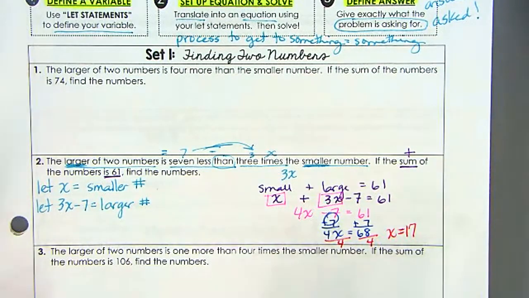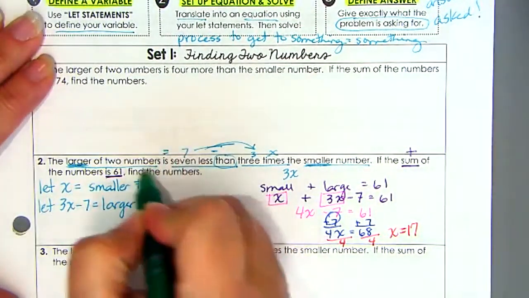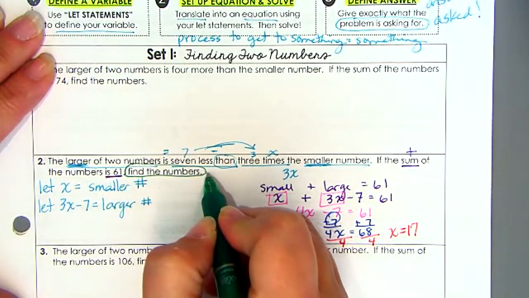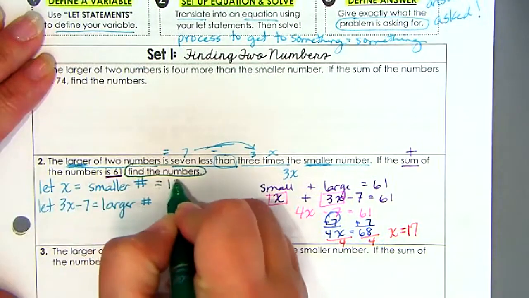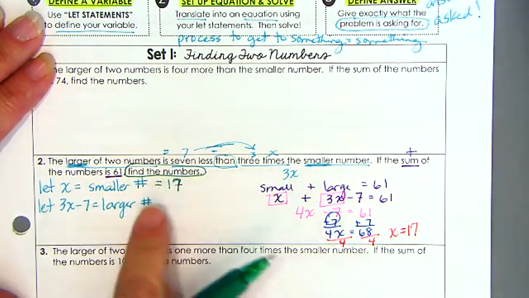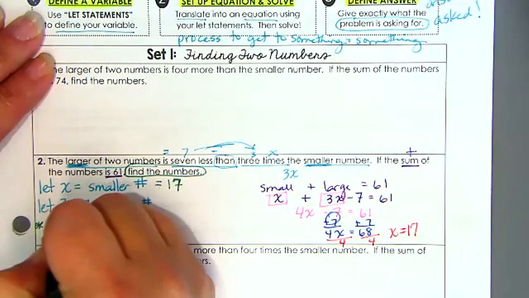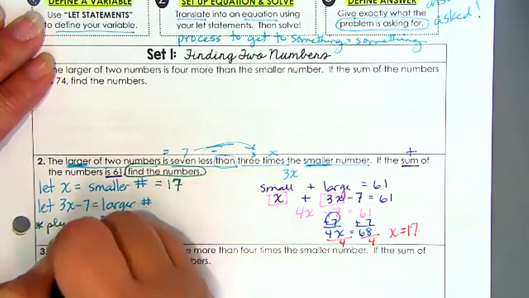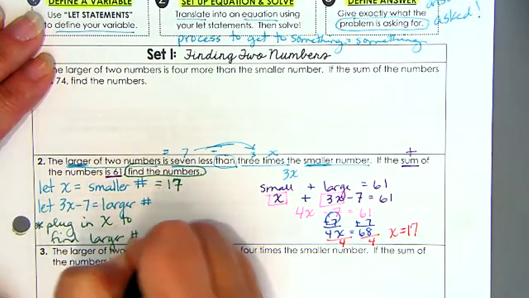Now we've done our solving to find out what x equals, but that's not my question. My question is to find the numbers. That means I have to find both. The smaller number, I found x, that's 17, but I still have to find the larger number. So what I have to do here is plug in x to find the larger number.